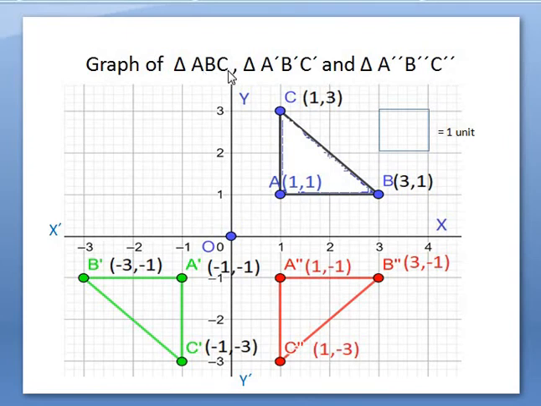Here is the graph of triangle ABC, triangle A′B′C′, and triangle A″B″C″, and these are the object and images. The unit is this: each square is considered as 1 unit. And this is the graph of this solution.